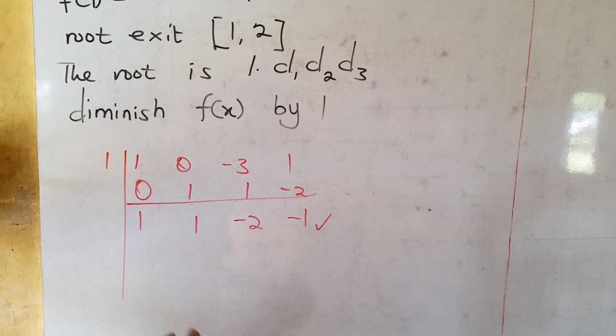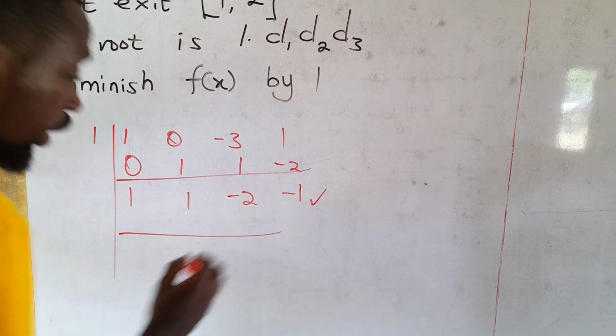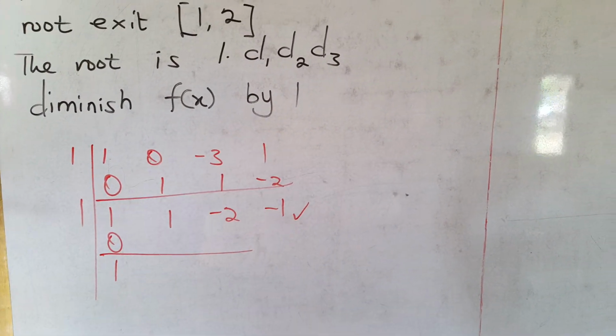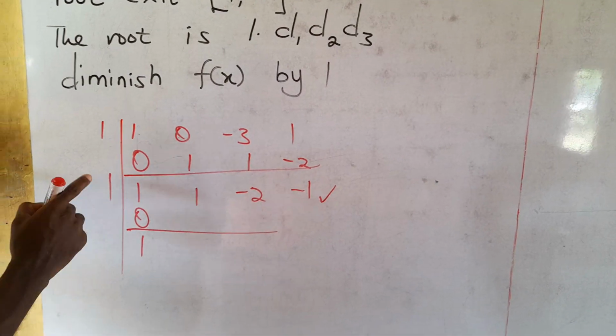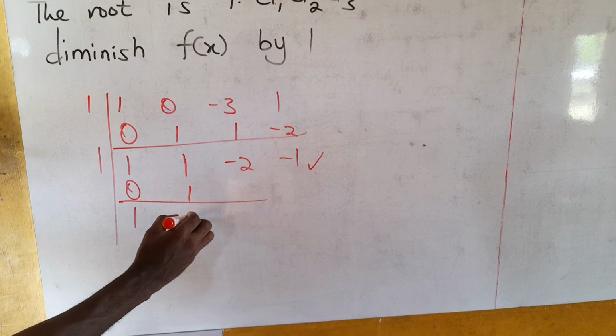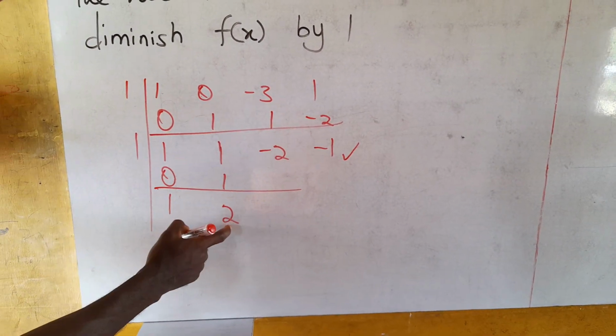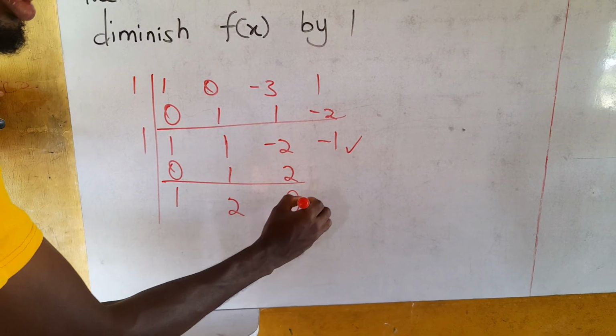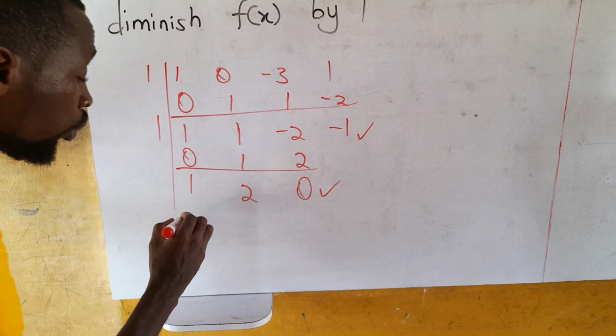Then we are done with that one. We have the next. So 1 plus nothing is 1. That's 0. 1 times 1 will be 1. We write it under that. 1 plus 1 will be 2. 1 times 2, that will be 2. Negative 2 plus 2, that's 0. We are done with the other one.